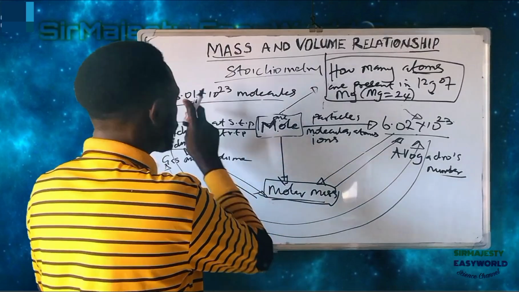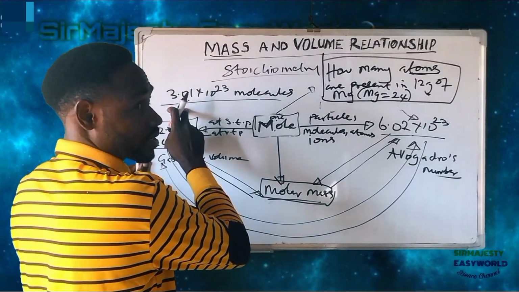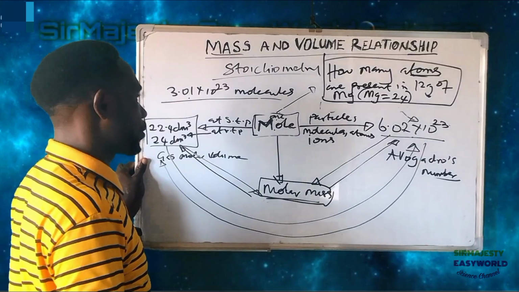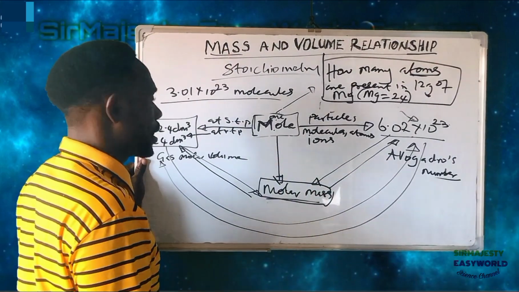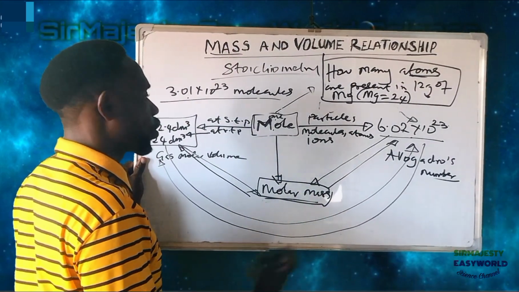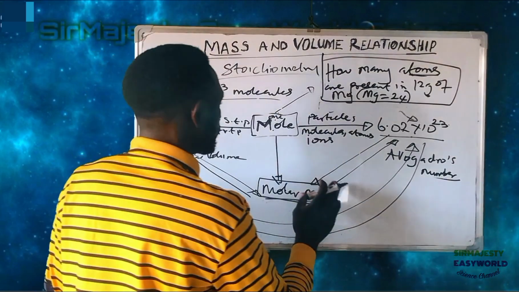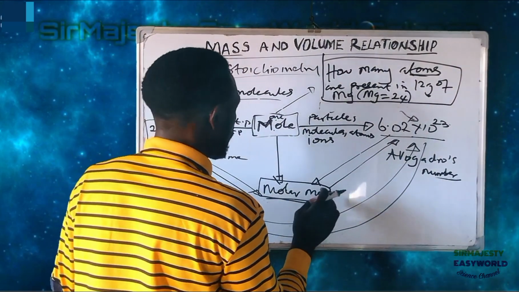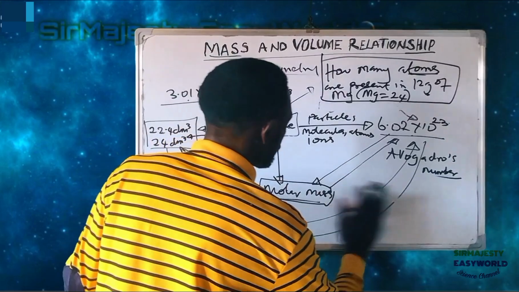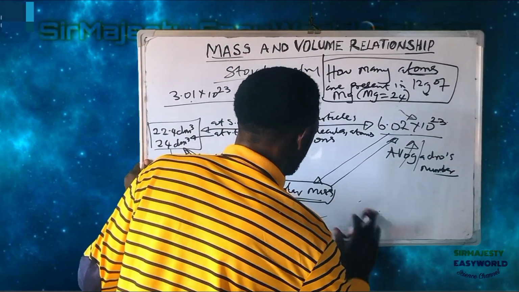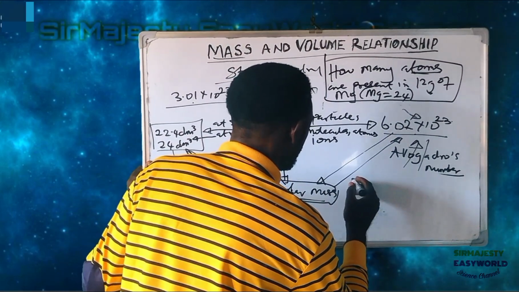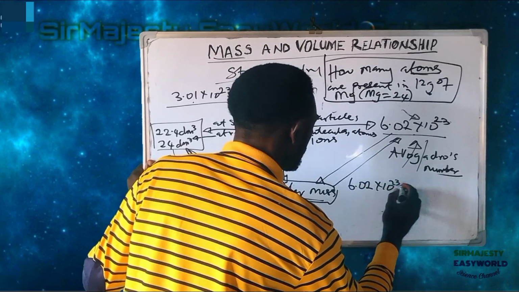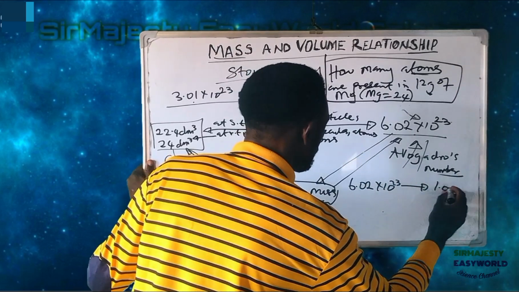The answer to the first question I asked, how many moles are in 3.01 times 10 to the power 23 molecules of a gas, is 0.5 mole. If you do your mathematics, if this is equal to 1, this is equal to x. So permit me to clean off here so that I can solve quickly. The simple solution is, you say that 6.02 times 10 raised to the power 23 contains 1.0 mole.